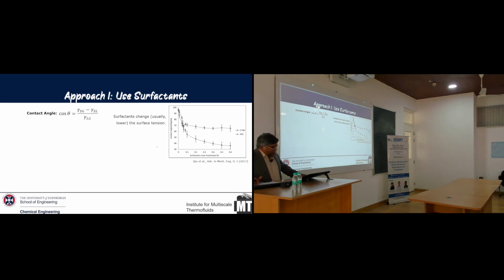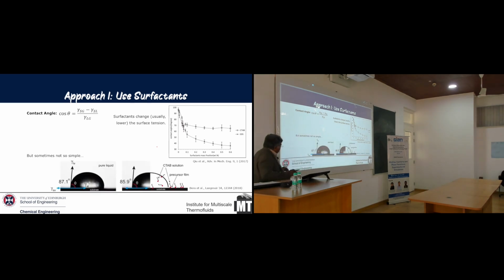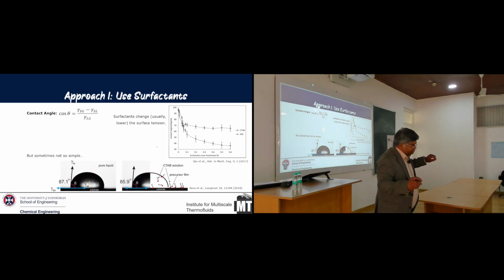Okay, so typically, if you add surfactant, you can lower the surface tension, and you can see that the contact angle also can drop. But it's not very straightforward, because if you have a pure droplet versus a surfactant-laden droplet, with CTAB being one of the surfactants, surfactants are very strange things. They can introduce their own stress. They can actually cause the interface to be more elastic.